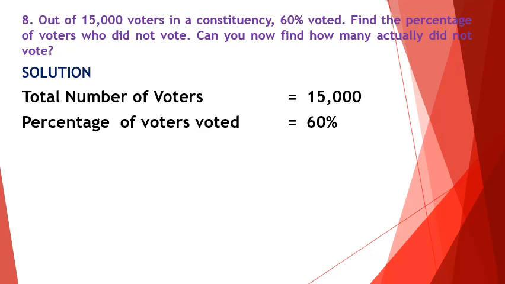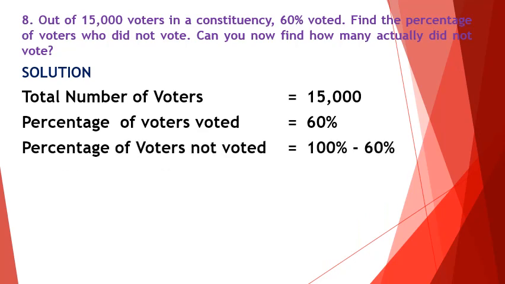See children, here they are asking the percentage of voters who did not vote. So total percentage of voters can be taken as 100 percentage. From that, the percentage of voters voted is 60 percentage, that we have to subtract. Then we get percentage of voters not voted. So 100 percentage minus 60 percentage equal to 40 percentage. This is the first part of the question.